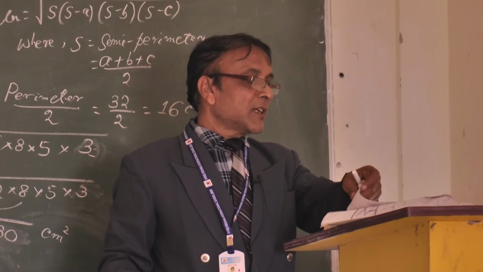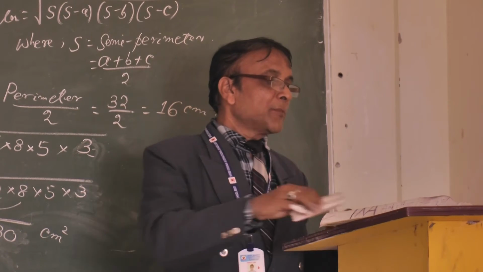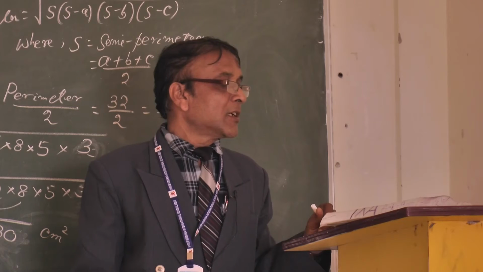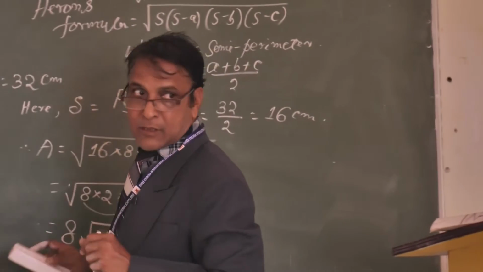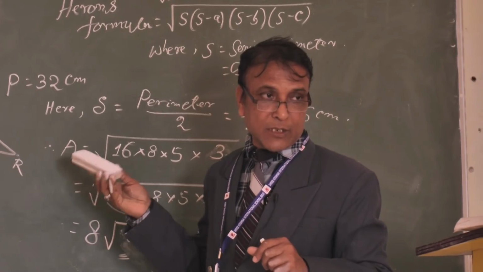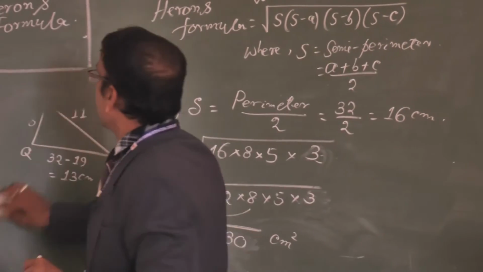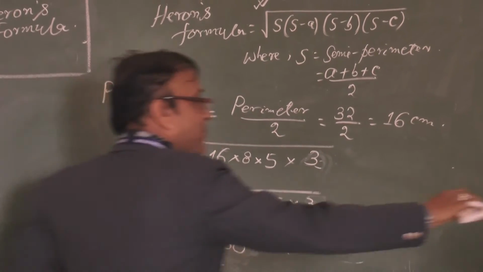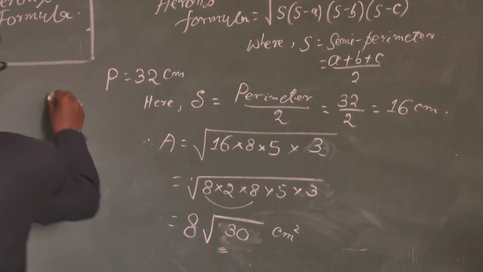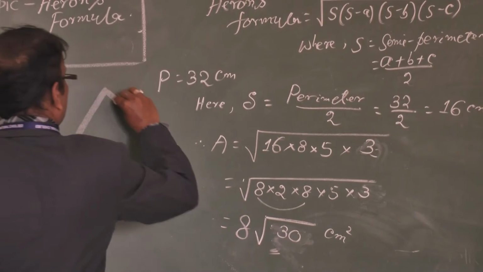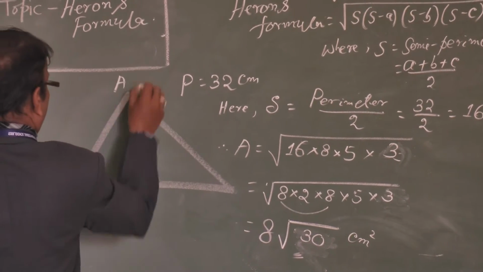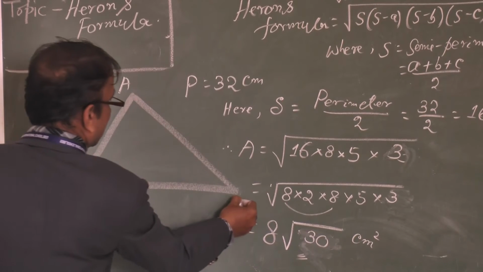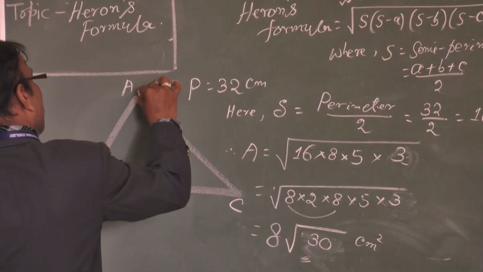Now another question: find the area of a triangular field. The perimeter of the triangular field is 450 meters. Next question, write quickly. A triangular field is there, A, B, C. Its perimeter is given.